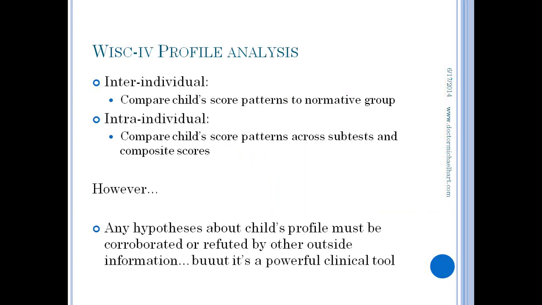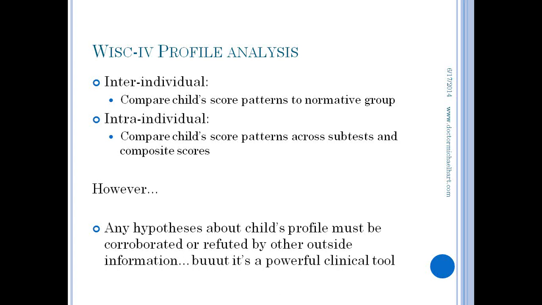Now, when we think about analyzing a test like the WISC IV, we can think about it a couple of different ways, and I've implied this, but I wanted to make it very explicit. Inter-individual. A big reason we're doing this is so that we can compare your child to the norm group.